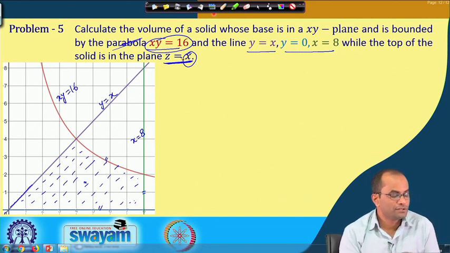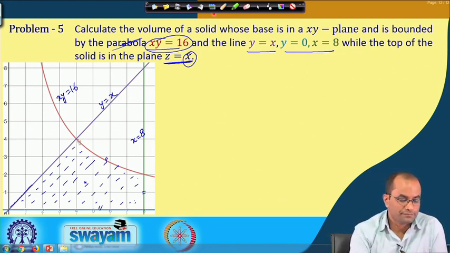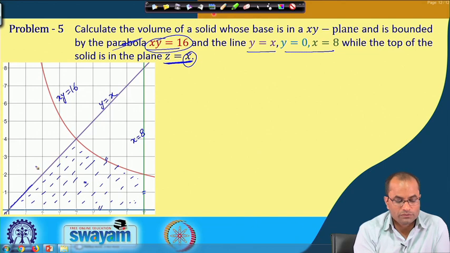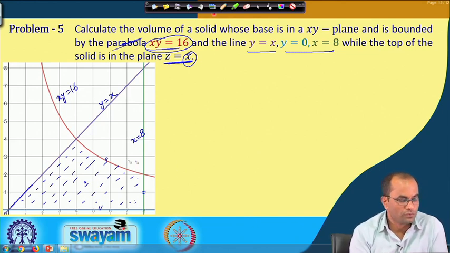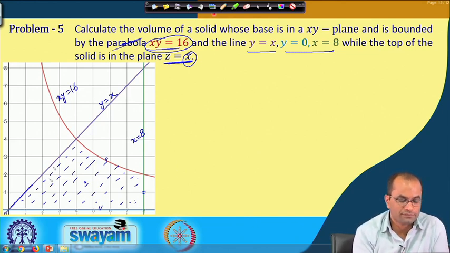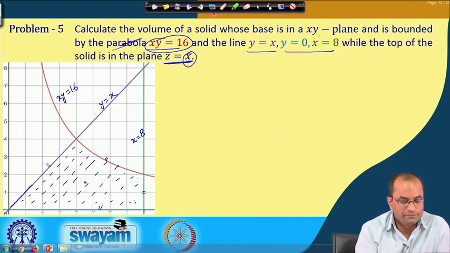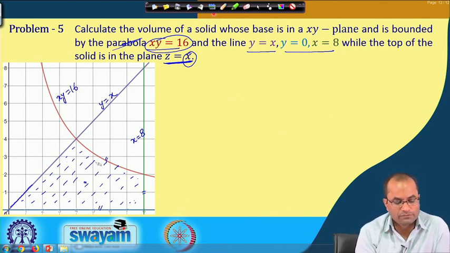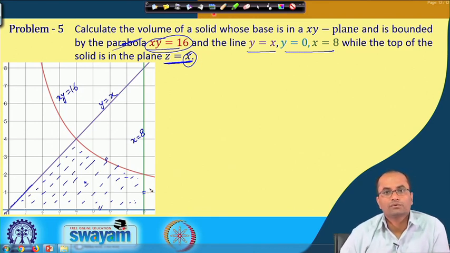So, again we have the situation that we can either go in the direction of y first or we go in the direction of x first, but in either case we have to break the domain. Even if we go first in the direction of x, up to this point here we have a different situation, and after that it goes from y is equal to x and exits at x is equal to 8.